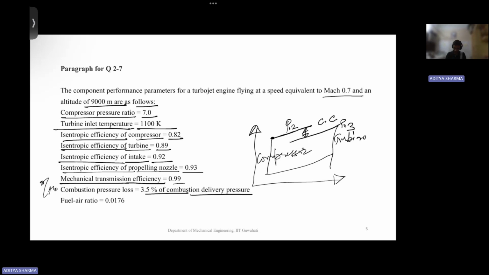So this basically is 3.5% of combustion delivery pressure. Then fuel to air ratio, F by A, is given as 0.0176.